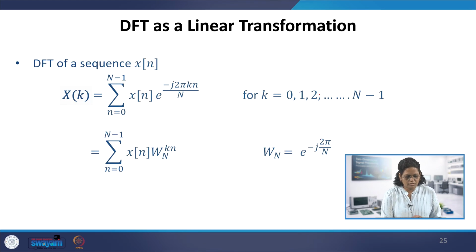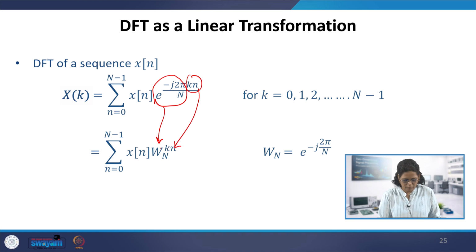Here the DFT of a sequence x of n is given by the DFT equation. What we do is replace e power minus j 2 pi by N with W suffix N. We just replace this factor, which is called the twiddle factor, W suffix N, power kn. This kn is maintained as such.